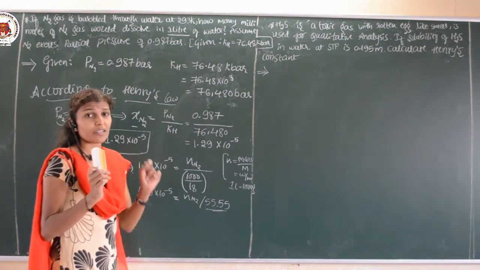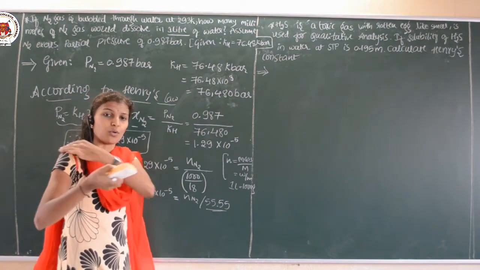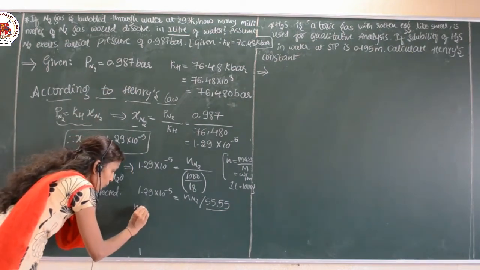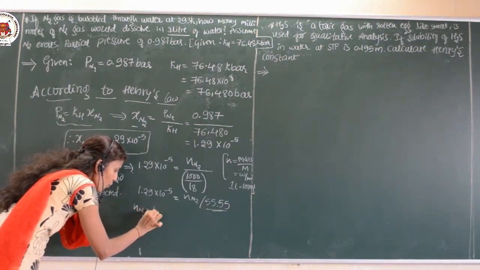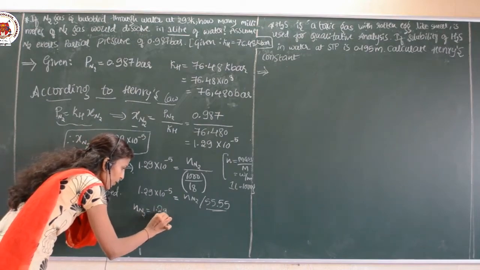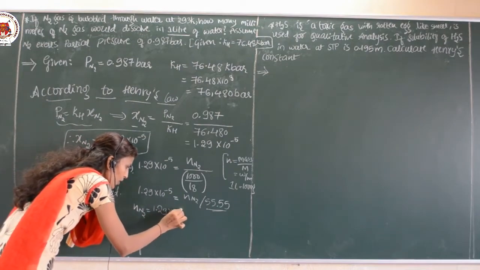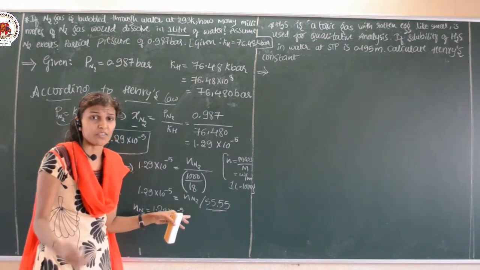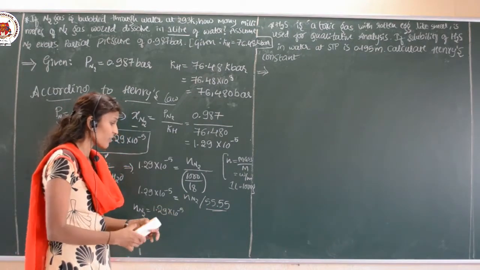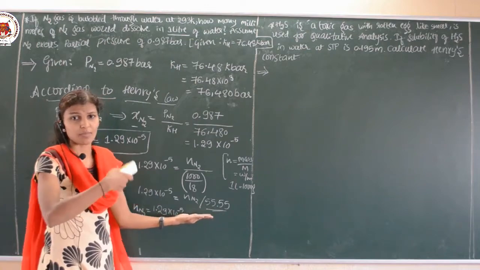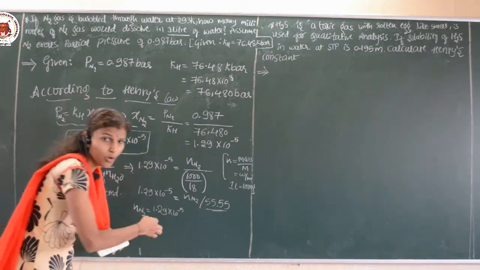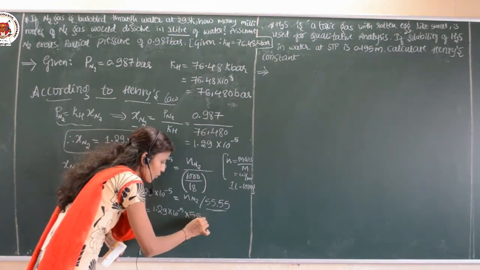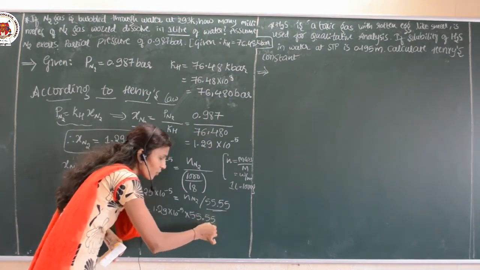Now what do I need to calculate? I need to calculate the number of moles of N2. So N2 is equal to 1.29 into 10 to the power minus 5. This term, 55.55, is in the denominator, so it becomes multiplication.